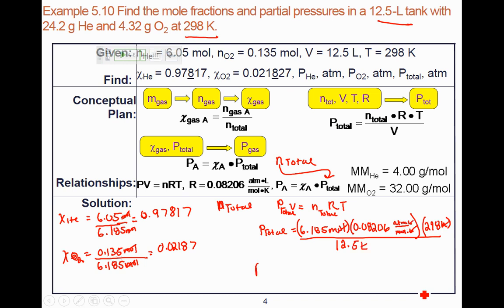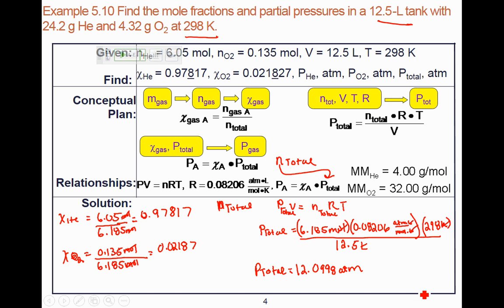And that'll give us our total pressure in ATM. So now we have our P total.